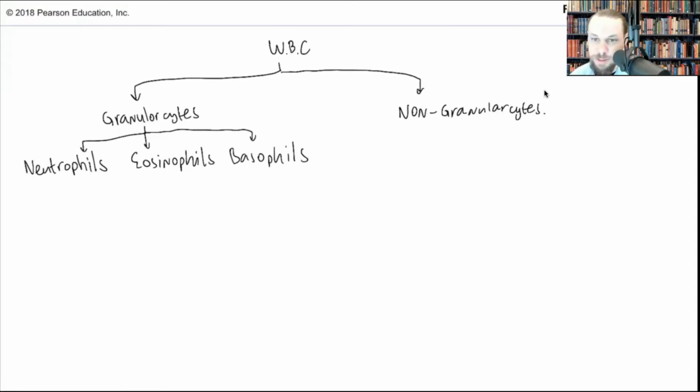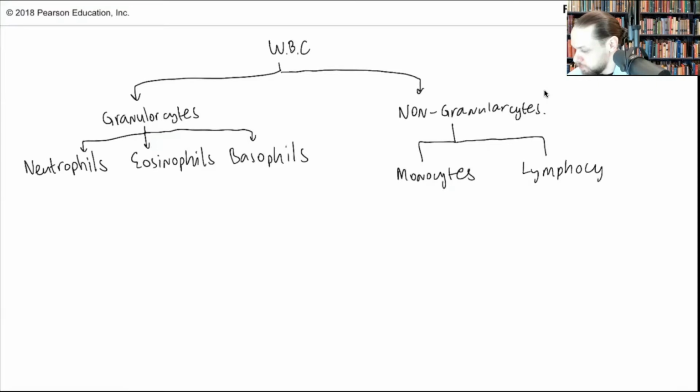And then the non-granulocytes, or agranulocytes, sometimes they refer to, are the monocytes. And then we have the lymphocytes. This is the same thing we just saw on the picture of the previous slide.